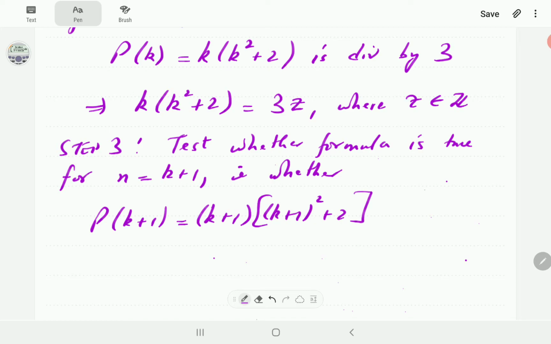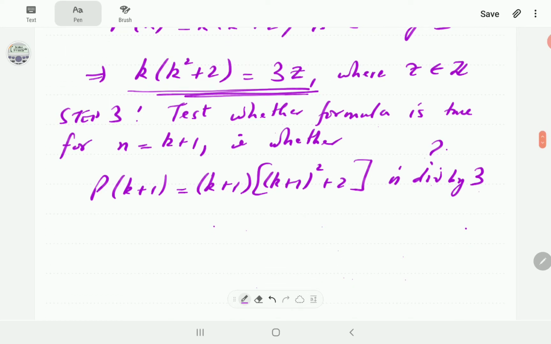So I want to test whether this is divisible by 3, so there's a question mark there, provided that this one is true here.